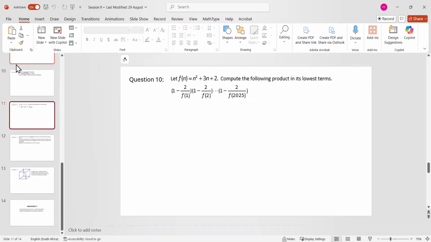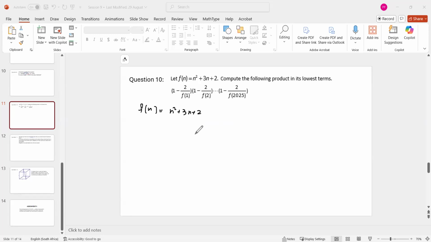This one, f of n is n squared plus 3n plus 2. Okay, so now here you've got terms like 1 minus 2 over f of 1, 1 minus 2 over f of 2, and so on.